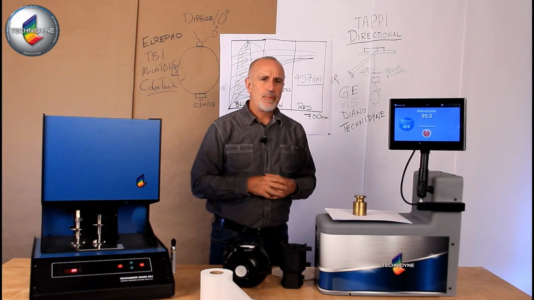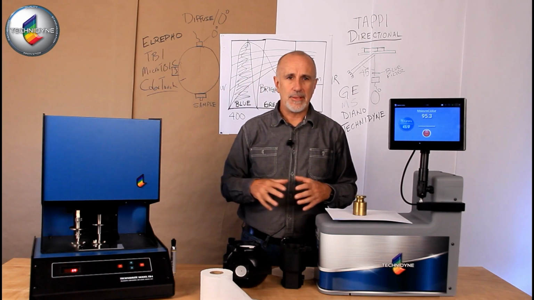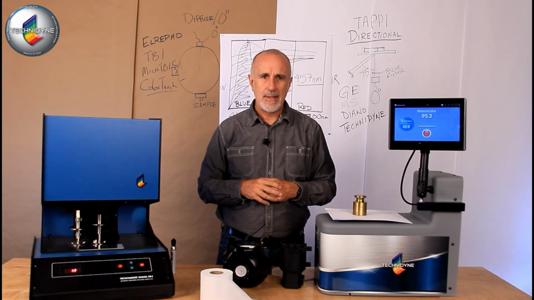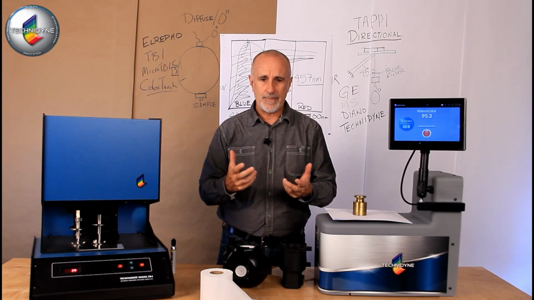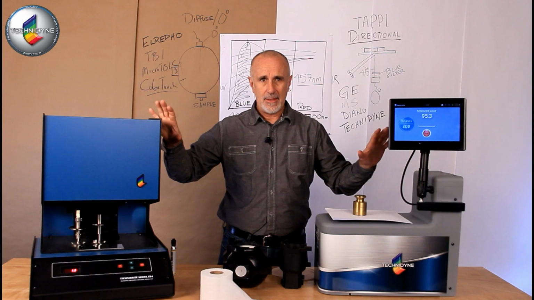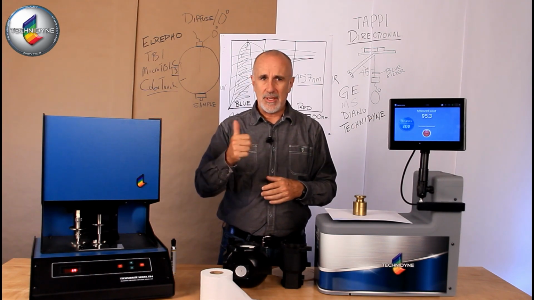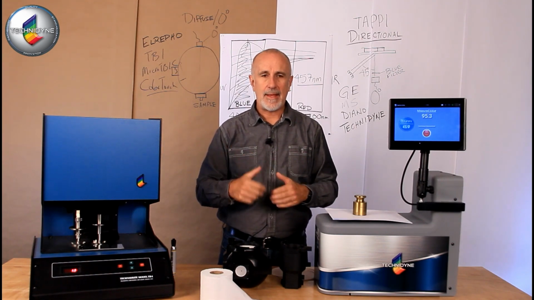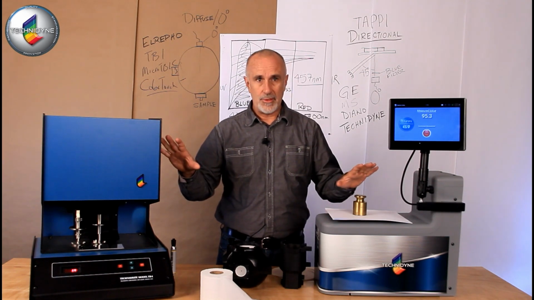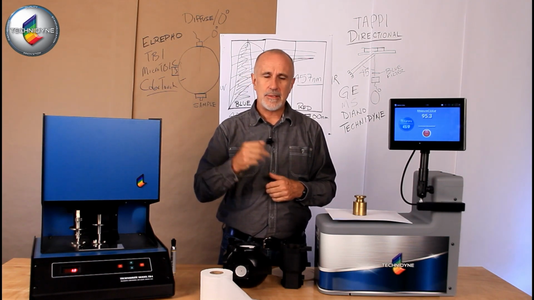We identify three things, as an instrument manufacturer, to get two instruments to agree with one another. They have to have three things in common. They have to have the same geometry, meaning that they have to illuminate and view the sample the same way. These two do not. Then photometry, in that they have to have the same calibration. We'll talk about that in the next video. They're different with that. And the third one is spectral response.